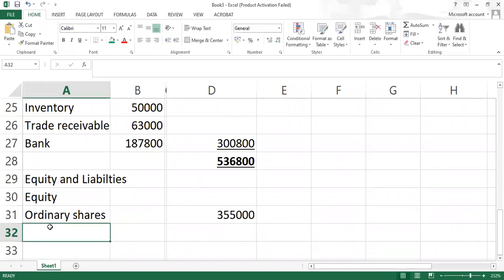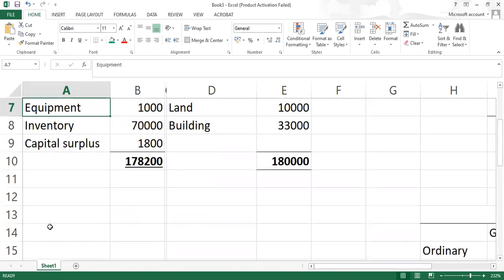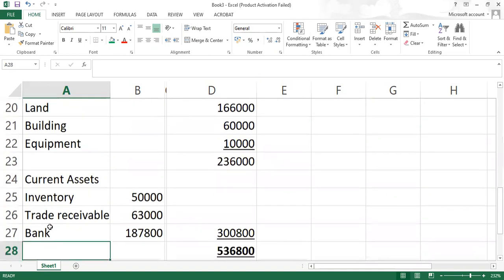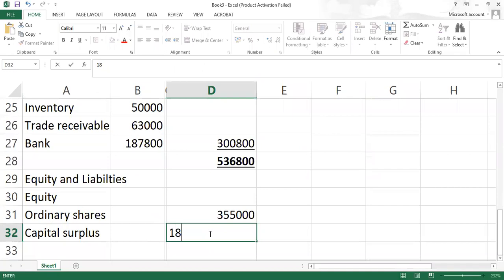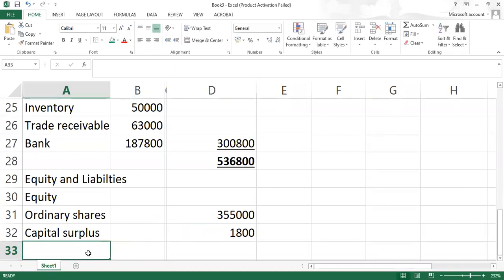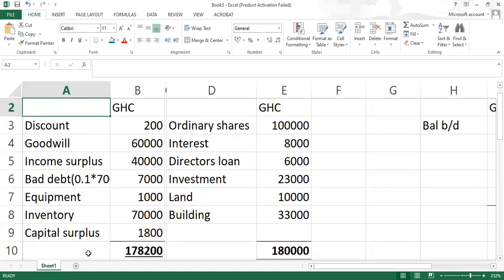The next element of equity is capital surplus, isn't it? Concerning the capital surplus, when you go to the capital reduction account, the 2% discount that was given. Please, I want to verify: 2% of 20,000 is how much? 400.